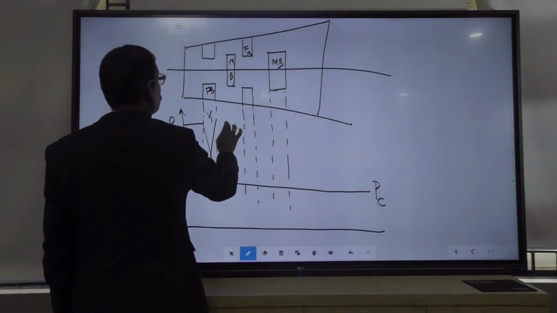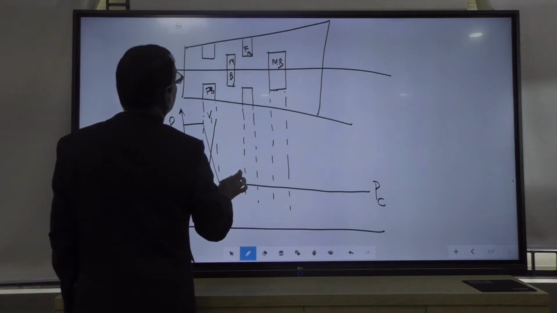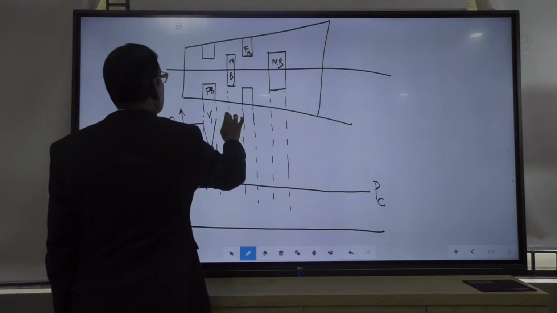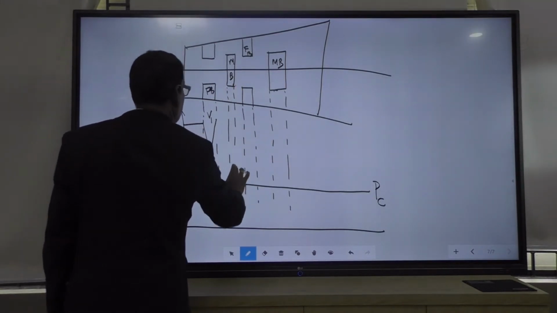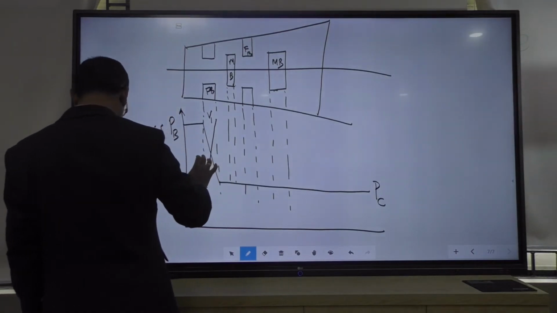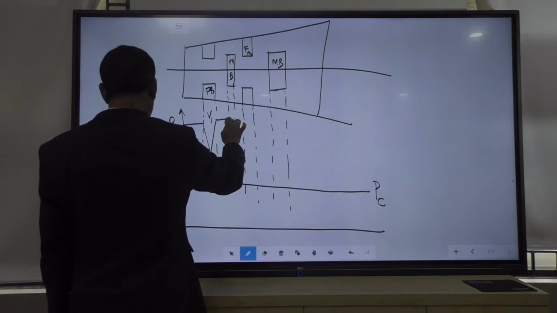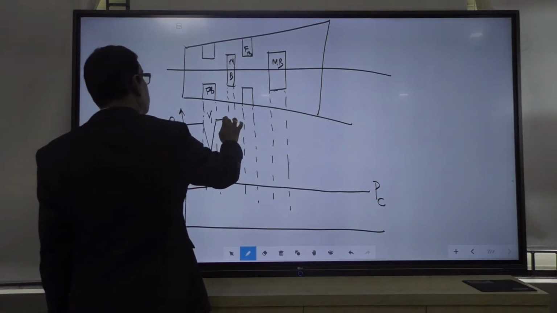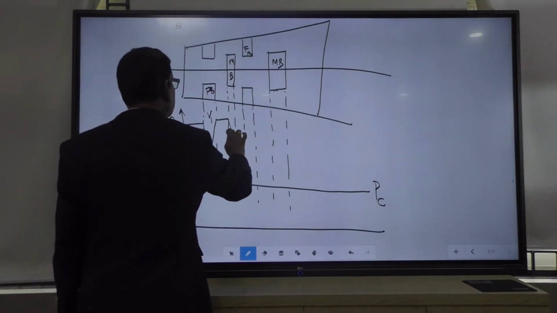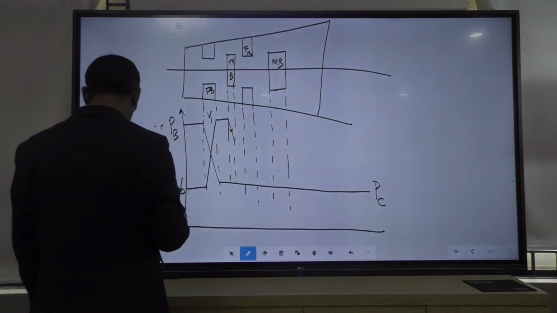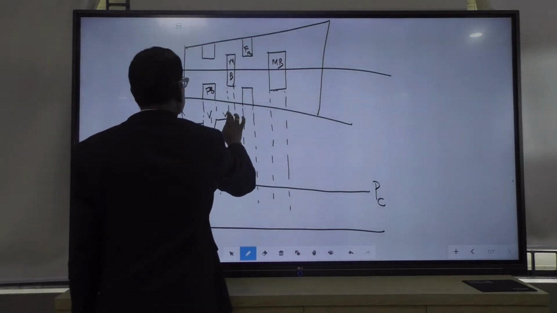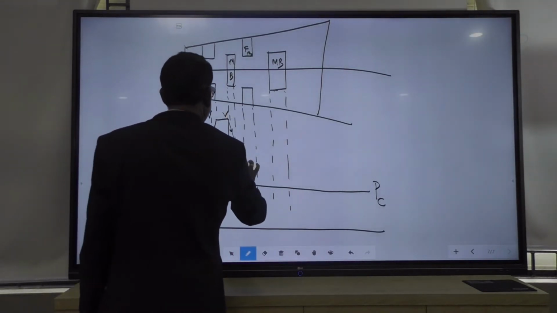In between two moving blades there is a gap. Here the steam enters the moving blade and does some work, the kinetic energy reduces and converts to mechanical energy, V1 to V2.